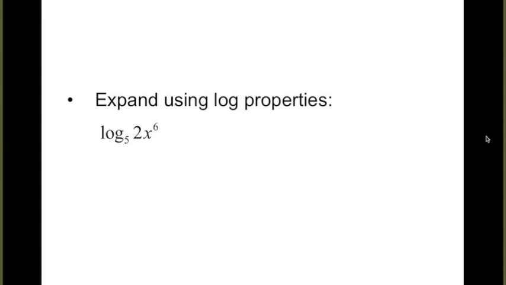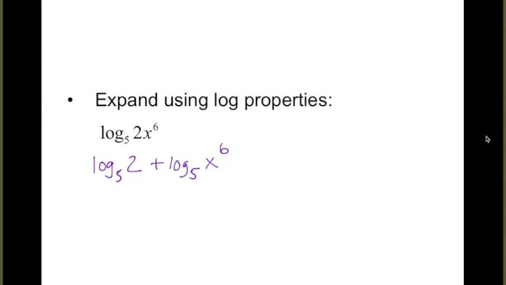So the order of those 3 steps, I said first we'll take care of division. This one doesn't have division, so that just means we don't do that step this time. So then we need to take care of the multiplication. So I'm going to separate the 2 and the x to the 6th. And multiplication separates with addition. And then 2 is fine because it's just a plain 2, but x to the 6th, that's too much going on in there.